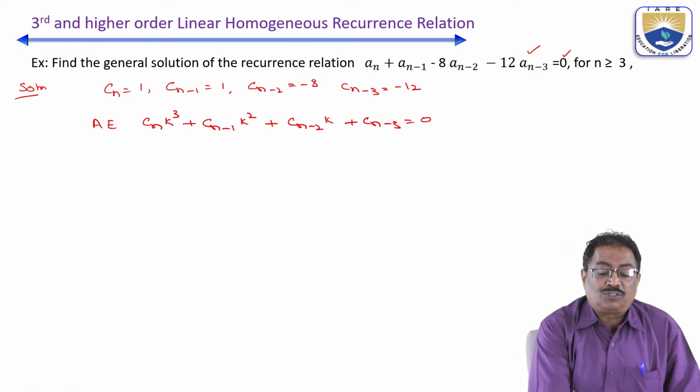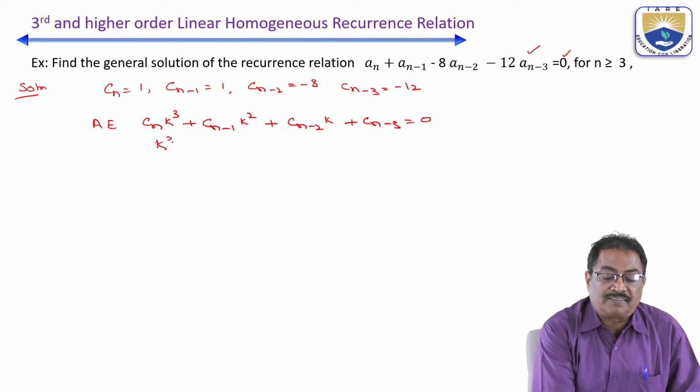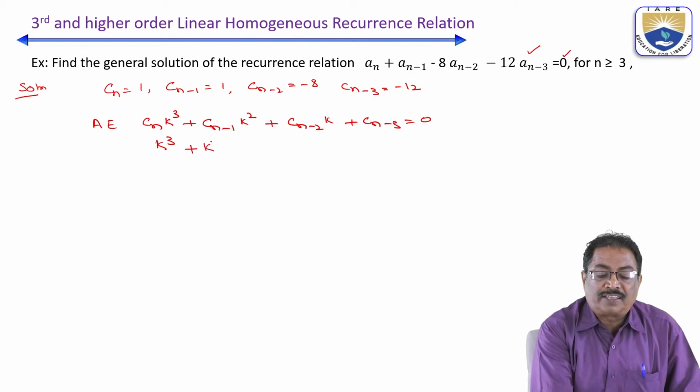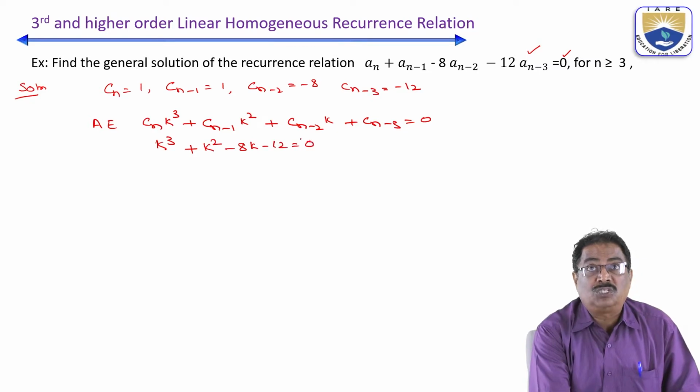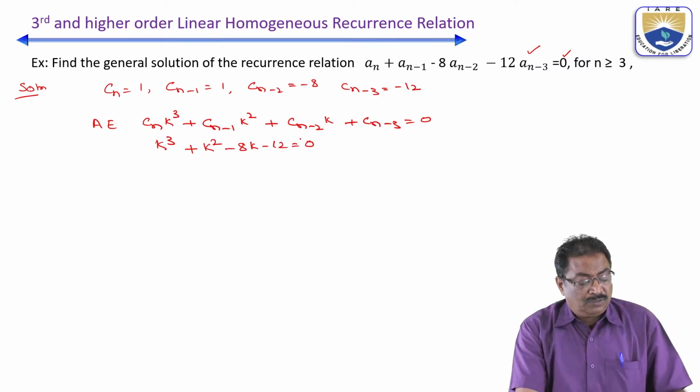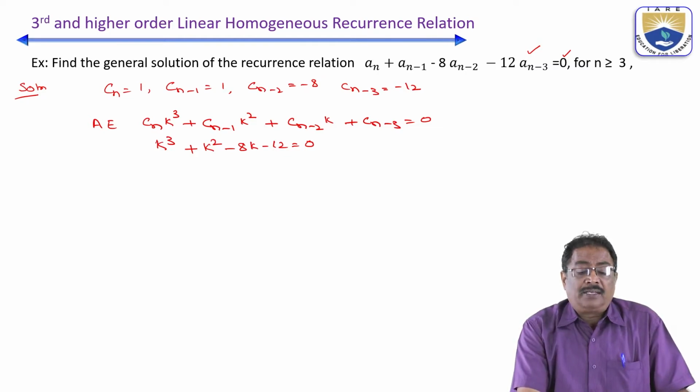Now c_n equals 1 and the others are as given, so it is k cubed plus k squared minus 8k minus 12 equals 0. So I am just finding the auxiliary equation for the given equation.